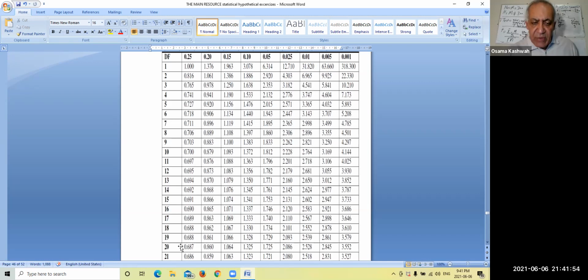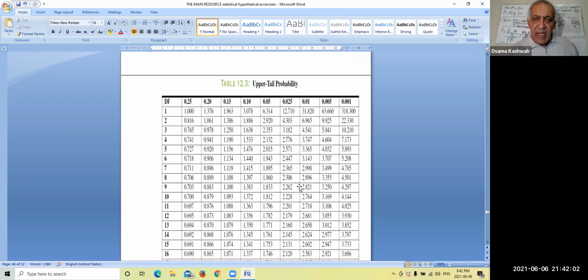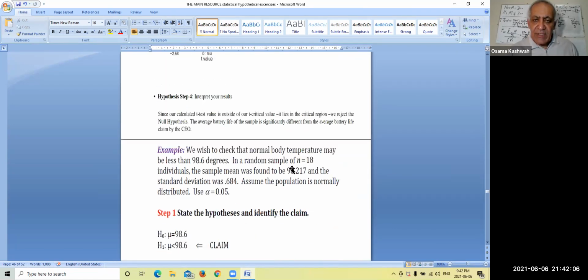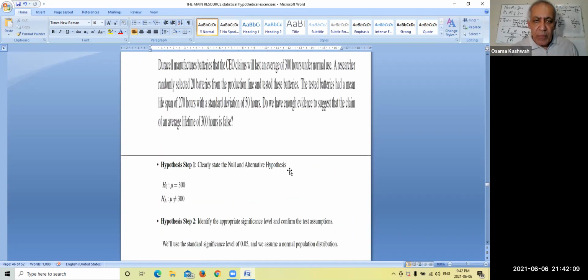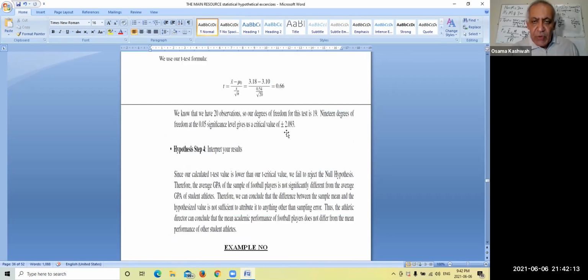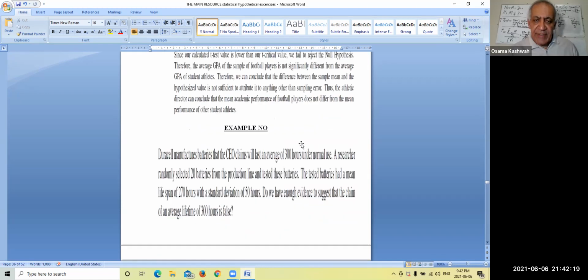0.025 goes down with 19, and check out for the value. And the value, like you see here in front of you, is 2.093 at the significance of 2 tails.